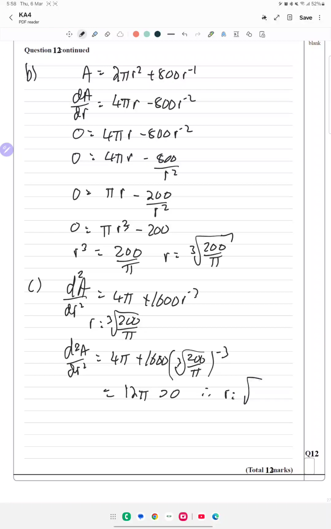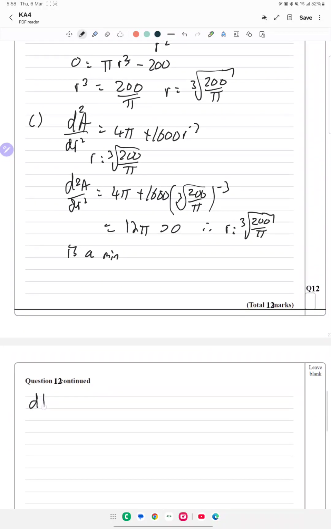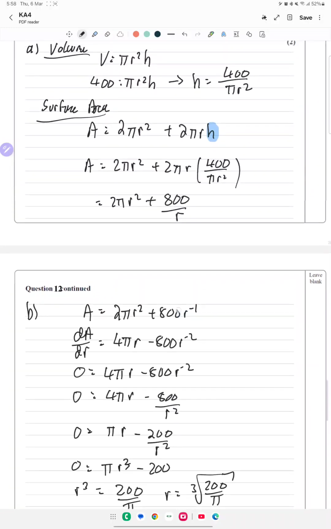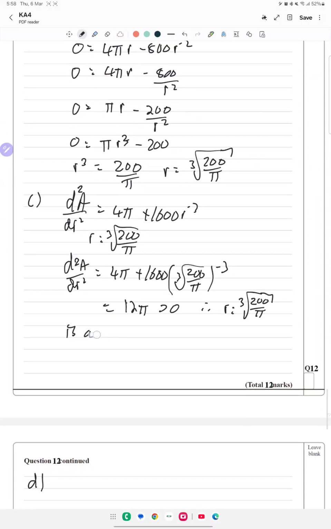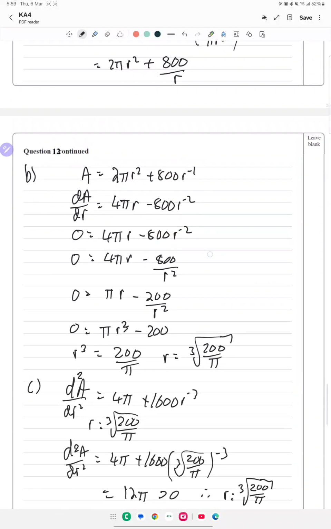Therefore, r equals cube root of 200 over pi is a min. Well, let's word it the way they might want. It gives a min value of a.